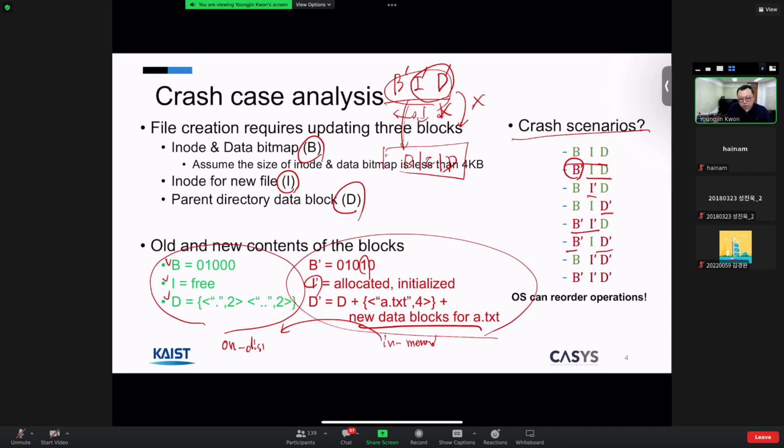More thorough reasoning would consider inode bitmap, data bitmap, and data block separately, but for convenience, I merge them into one bitmap operation. These are the possible cases, and for every case you have to check whether the on-disk state is consistent or not. You have to analyze it. That's the first understanding of crash consistency.